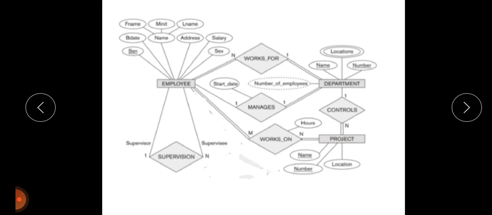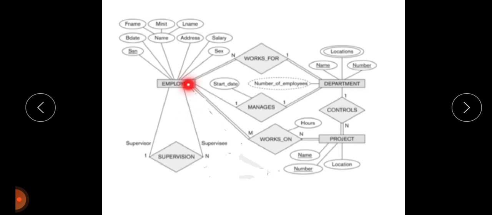Okay, now these are all the degree, that is, cardinality ratio. This is the degree higher than two relationship. Okay, an entity having an adjacent attribute, that is called unary. Employee, there are many employees working for one department.